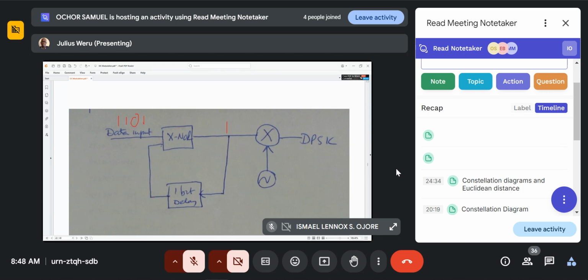So the time it arrives here, it arrives with a 0. You'll be inputting the XNOR with the 0 and 1, and you will see this actually gives you the PSK.